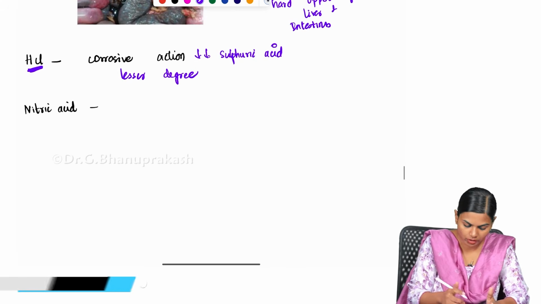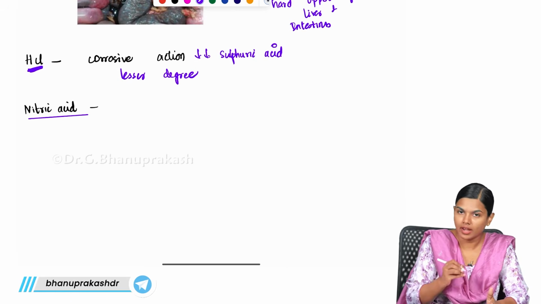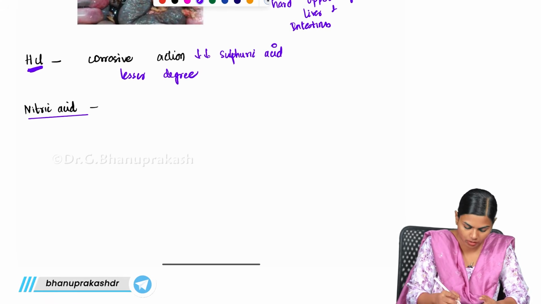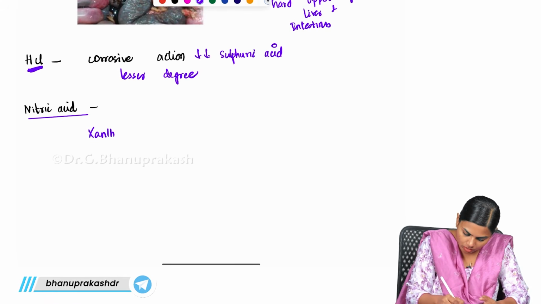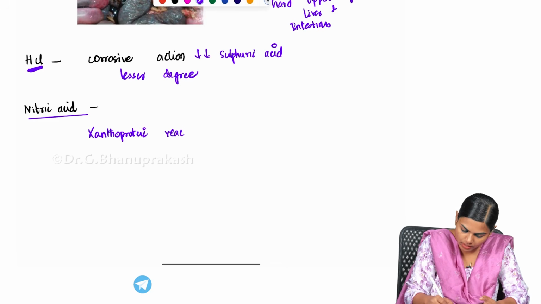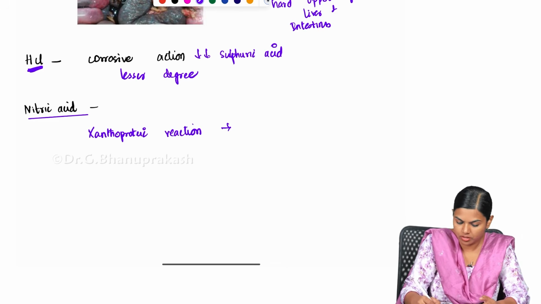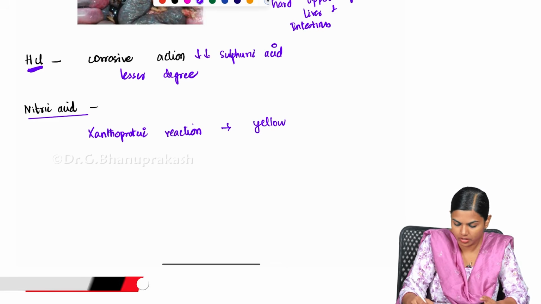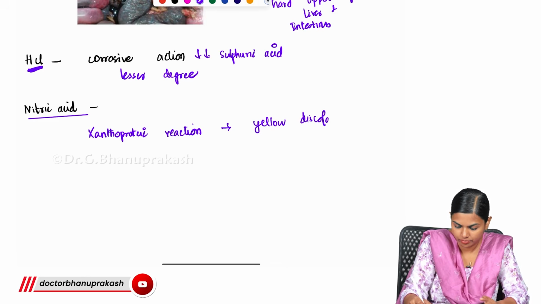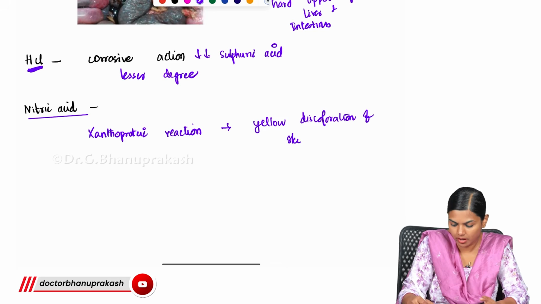And next what we are going to see is nitric acid. Here you will be seeing something known as xanthoproteic reaction, which is yellow discoloration of skin and mucosa.